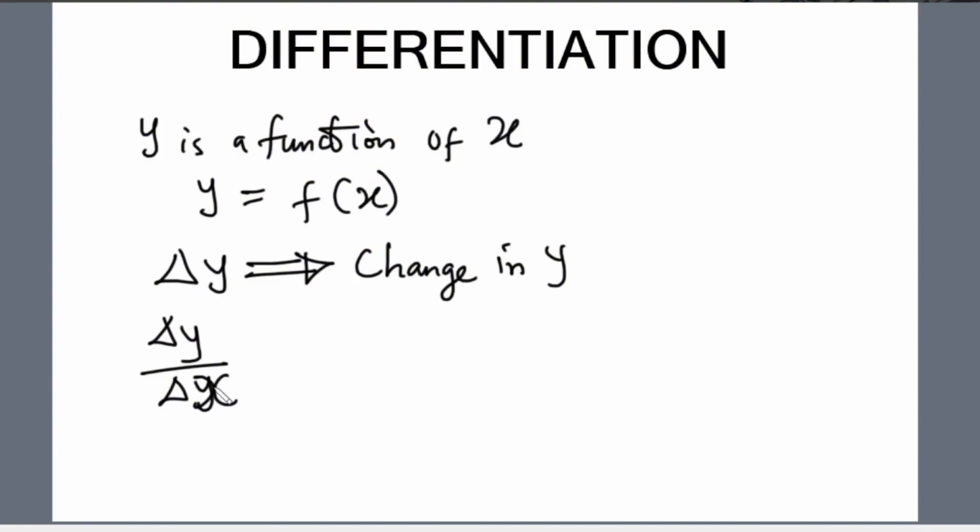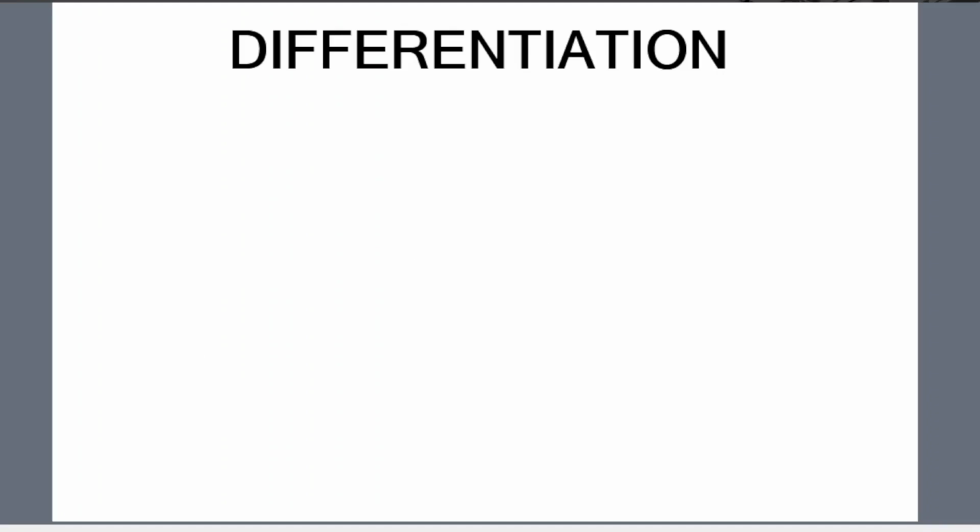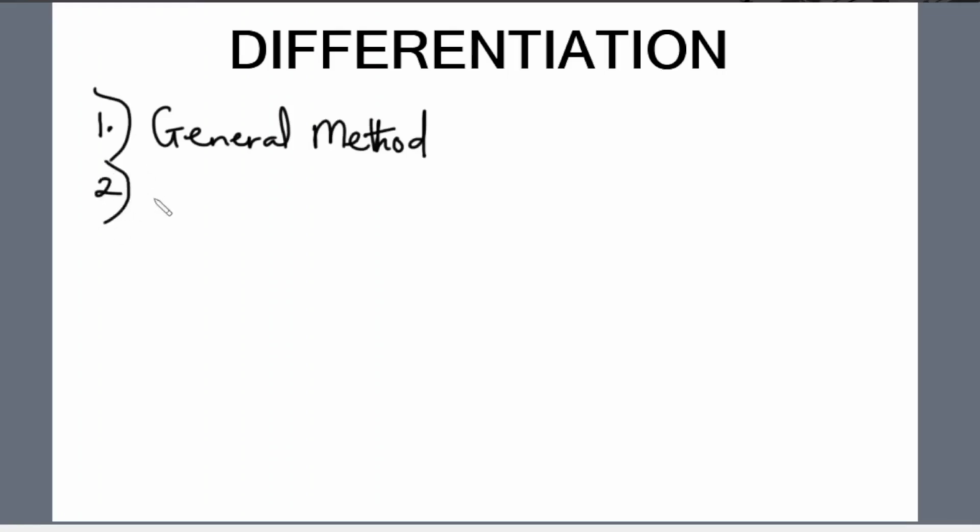Now let's look at the methods of differentiation. There are different methods of differentiation. So the first method of differentiation is the general method. The second method is the first principle method.